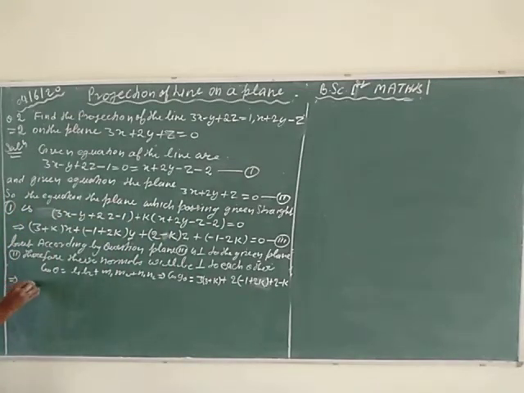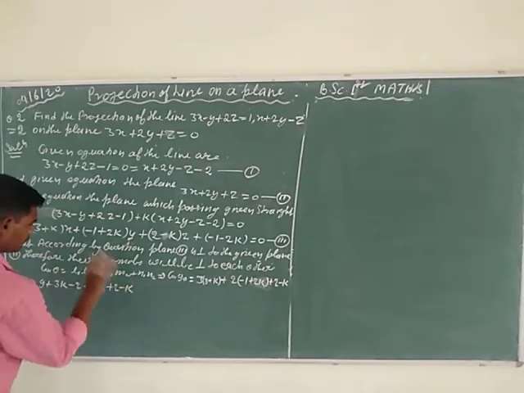So 0 is equal to 9 plus 3k, minus 2 plus 4k, plus 2 minus k.